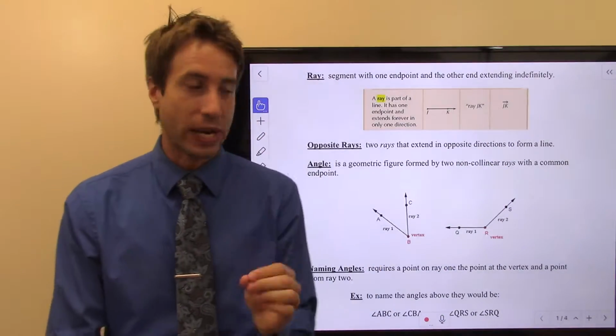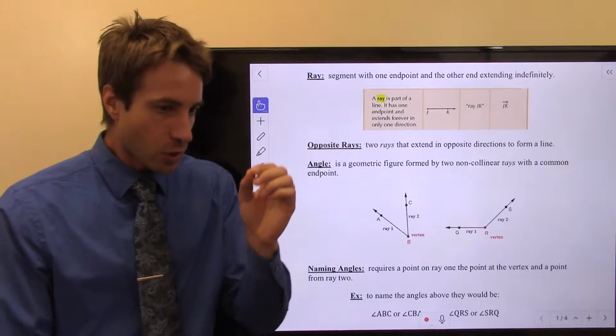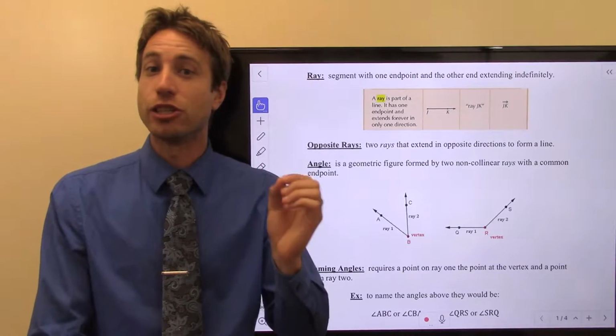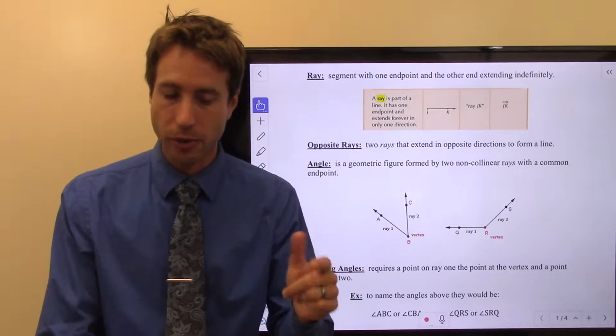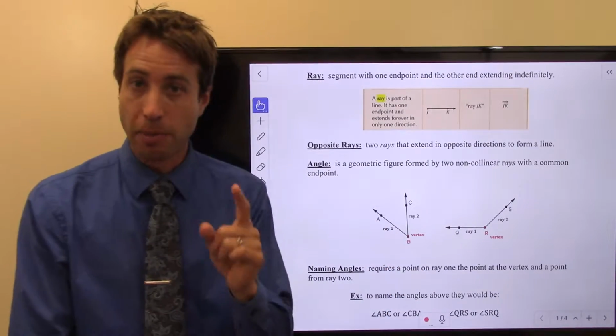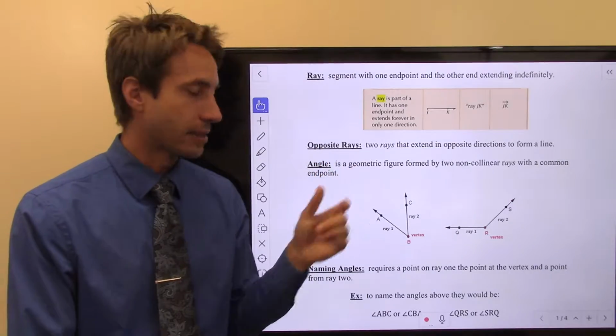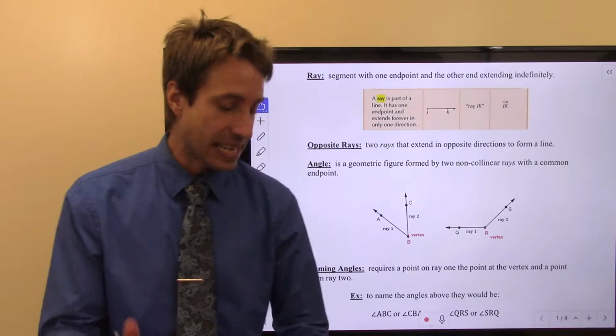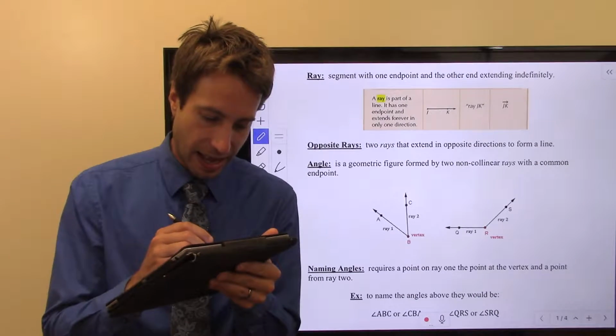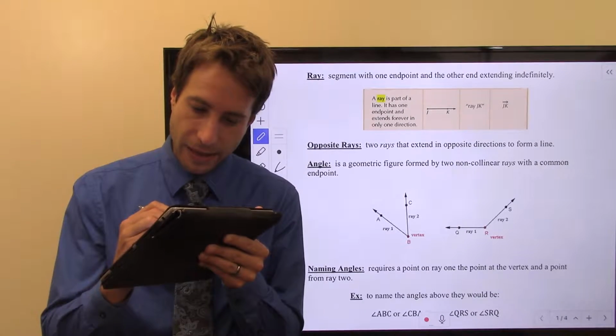All right. Now, when it comes to angles, you're going to need to use more than one ray to create an angle. But before we get to that, we have opposite rays. Really, really easy. These are going to be rays that are extending in opposite directions to form a line. So let's just say that I have the point right here.